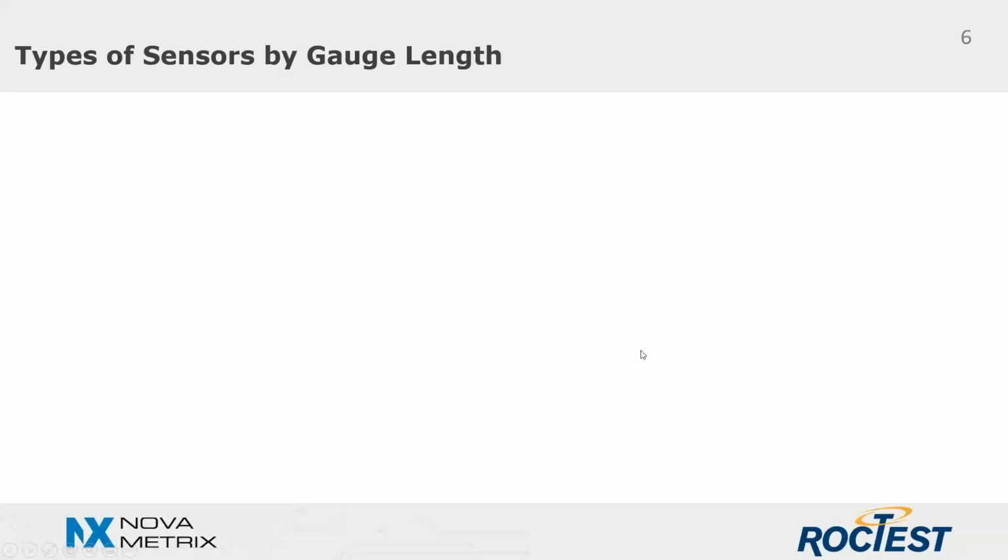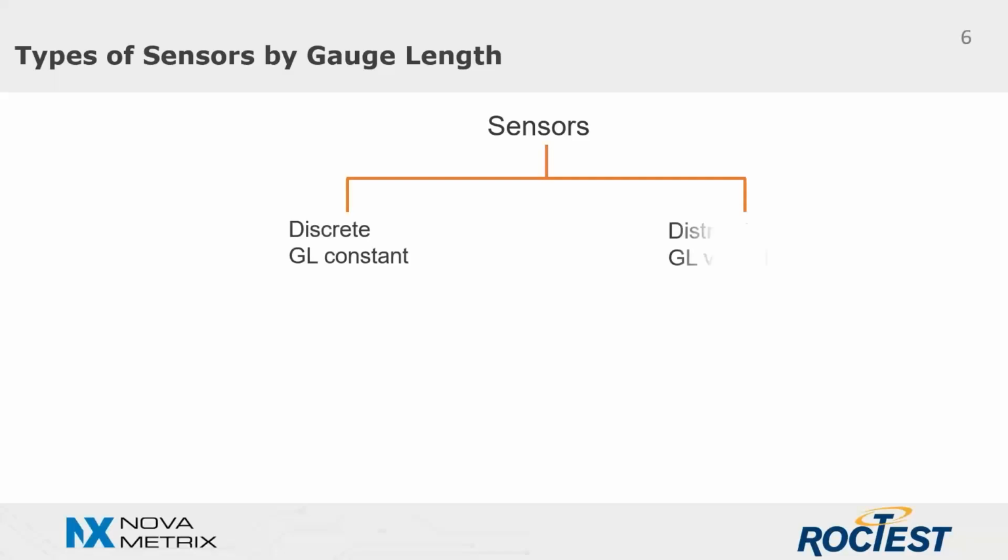Okay, so here we can see the types of sensors by gauge length. Sensors are classified in discrete sensors with constant gauge length and distributed sensors with a variable gauge length, which are typically based on distributed fiber optic sensing.